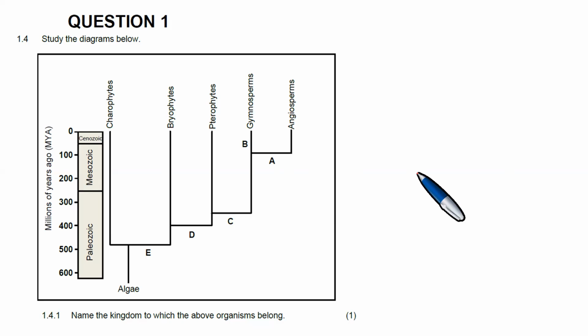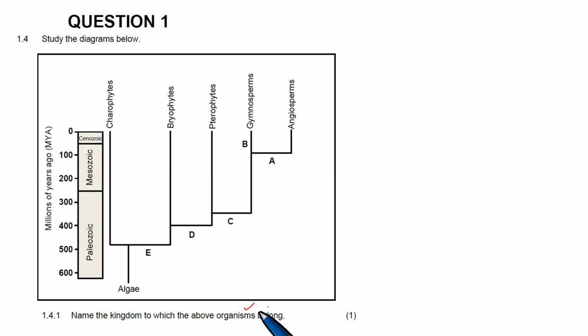Then we are saying, name the kingdom to which the above organisms belong. What kingdom is this? If you look at the organisms there, to what kingdom do the above organisms belong?